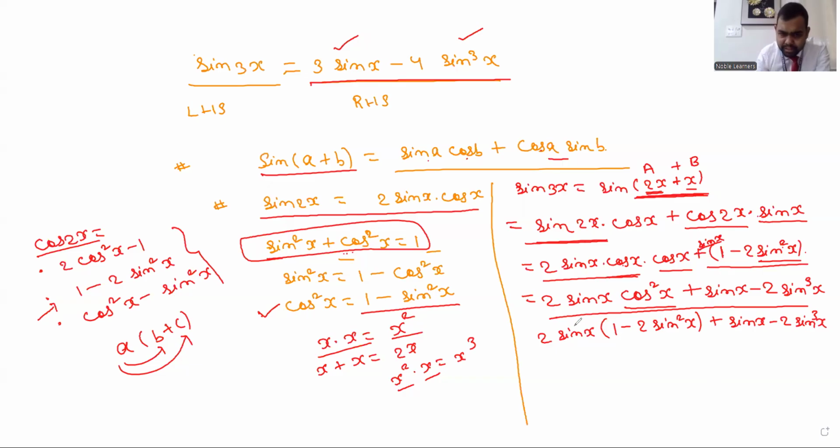The next part is 2 times sine x times 1. 2 sine x times 1. So, when you multiply anything with 1, then that is going to remain the same. So I'm just going to write 2 sine x over there, okay? And then again, oh, wait, I made a mistake. Actually, when you make cosine square x, that would be 1 minus sine square x, okay? Like 2 will not come. This is the formula. By mistake, I wrote the 2 over there.